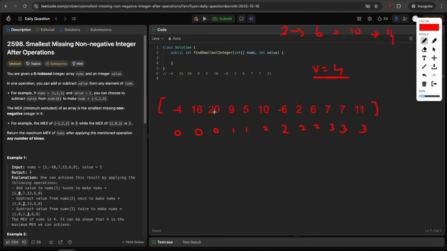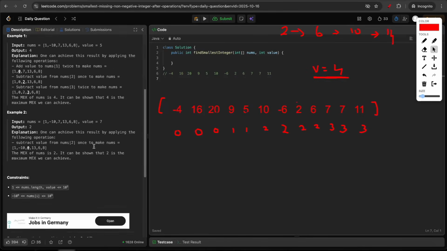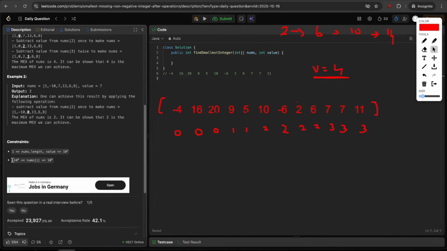So by taking the mod, we have reduced the number array, which can be in the range minus 10 power 9 to 10 power 9, to the range 0 to value minus 1. Because whenever you take mod with a number, the remainder will be from 0 to the value minus 1. So here you can see all the numbers lie from 0 to 3.